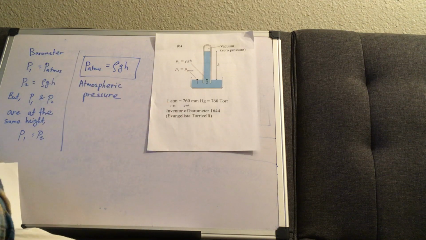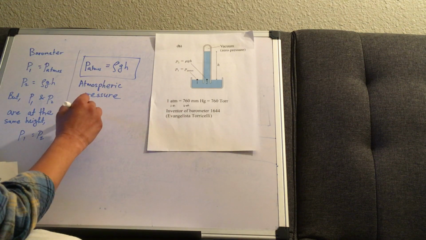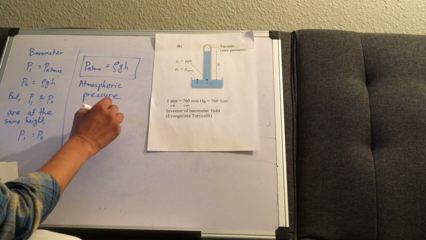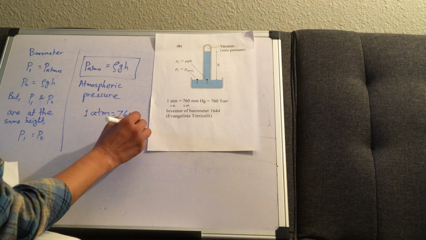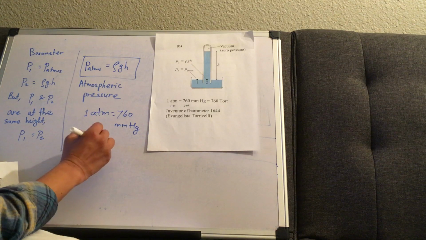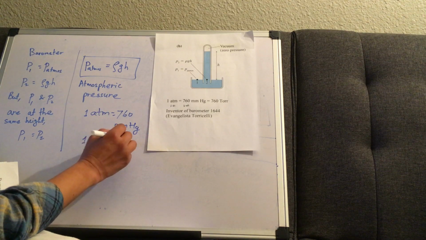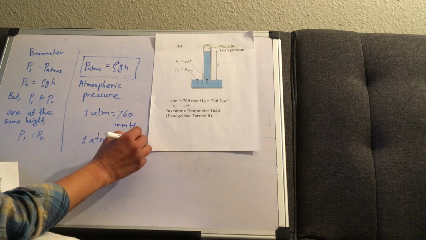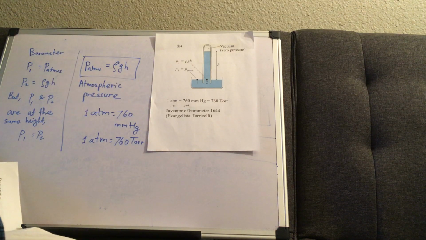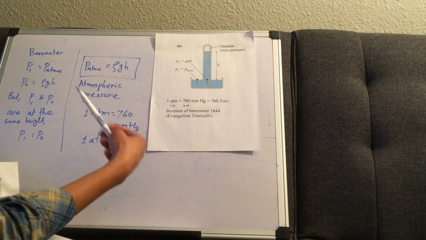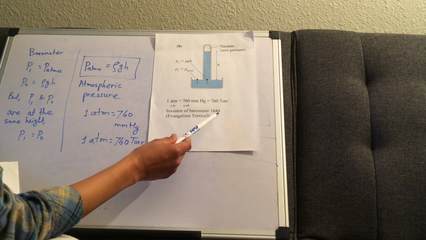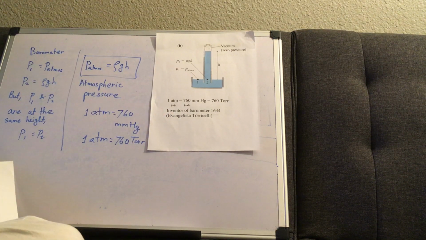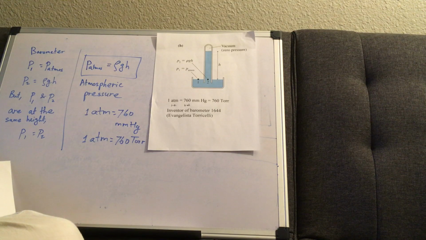So 1 atm is the same as 760 mm of Hg, or 1 atm is also the same as 760 torr. Basically this was invented by Evangelista Torricelli in 1644. He was the inventor of the barometer.